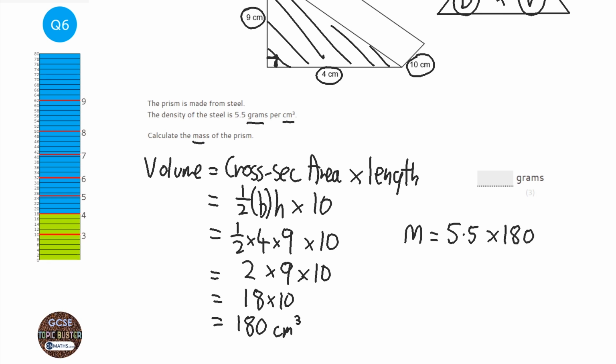If I have a calculator, I can just type that in. Otherwise I could do 10 times 180, which is 1800, then halve it, which is going to be 900, and then half times 180, which is 90. So that's 990. So the answer is 990 grams.